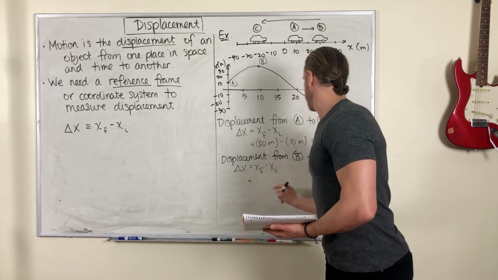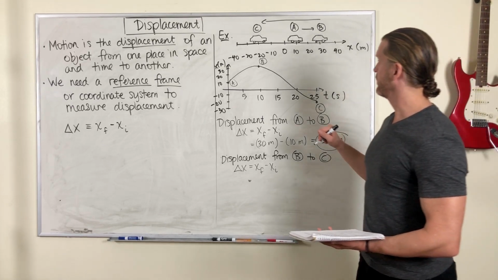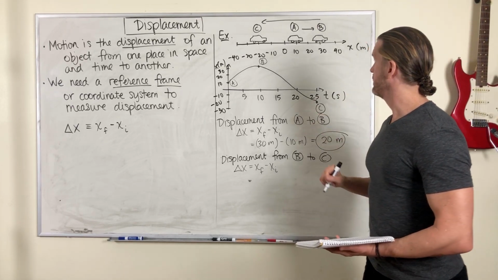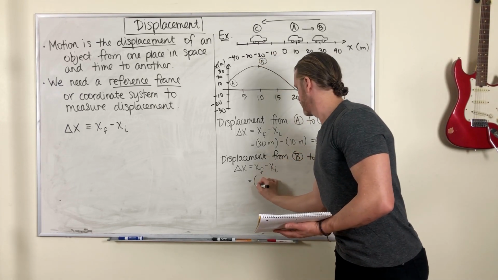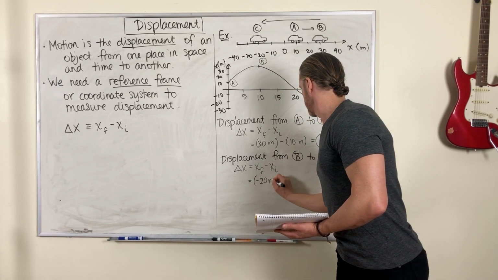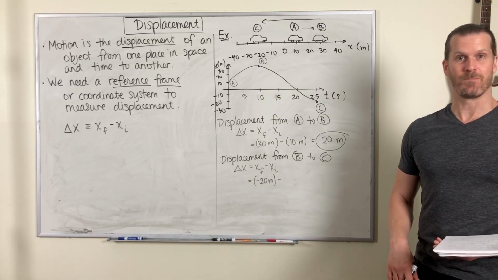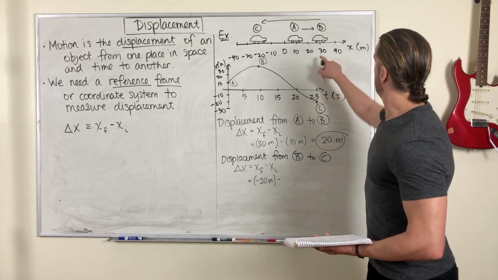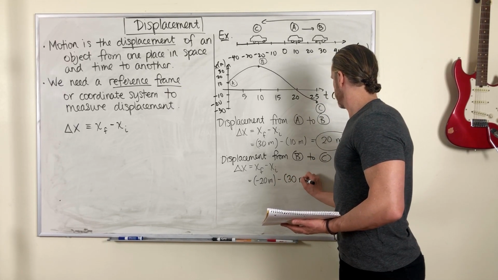So for x final, we use the position at point C, which was negative 20 meters. And for initial, we use the position at point B, which was positive 30 meters.